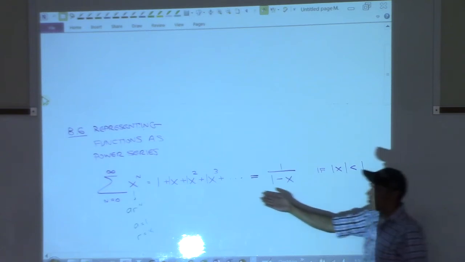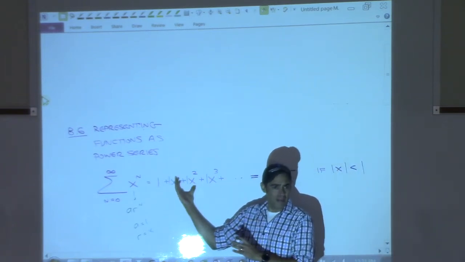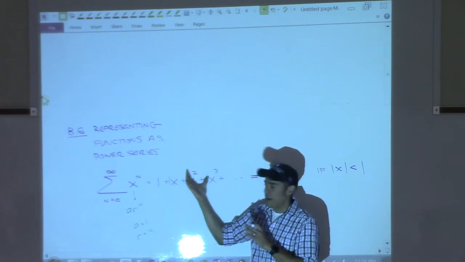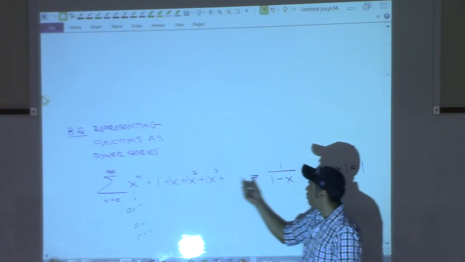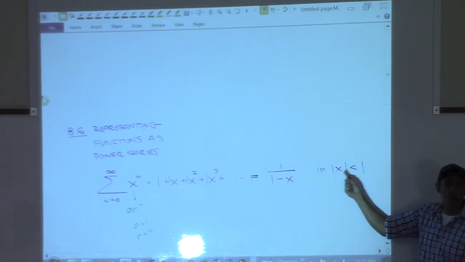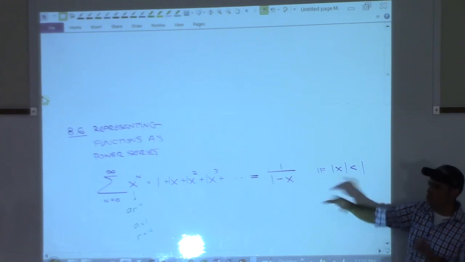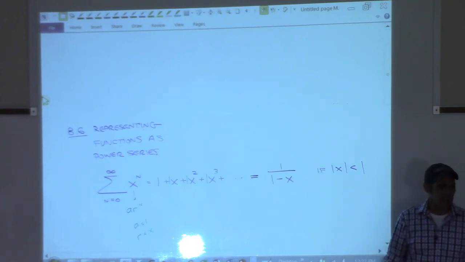This is a geometric series with a being 1 and r being x. And a geometric series will converge to a over 1 minus r so long as the absolute value of r is less than 1. That's basically everything about geometric series but rewritten in terms of x. Are y'all good with that?